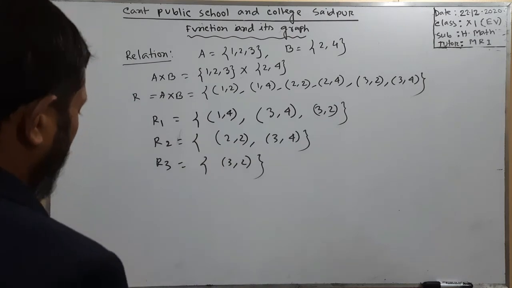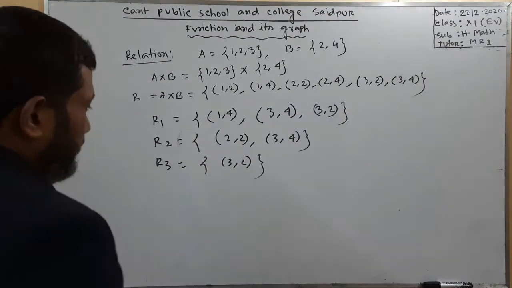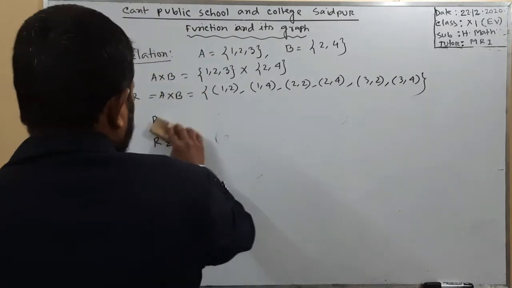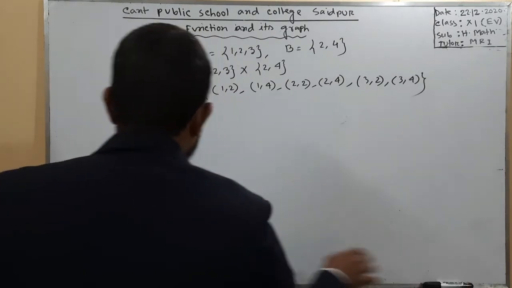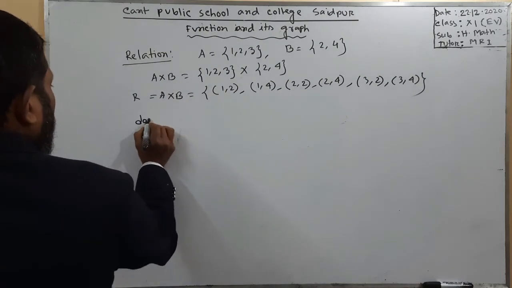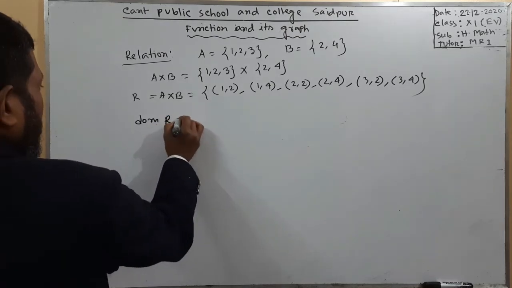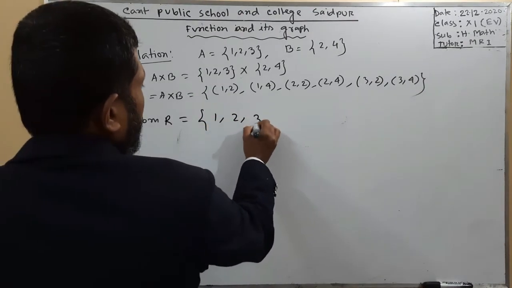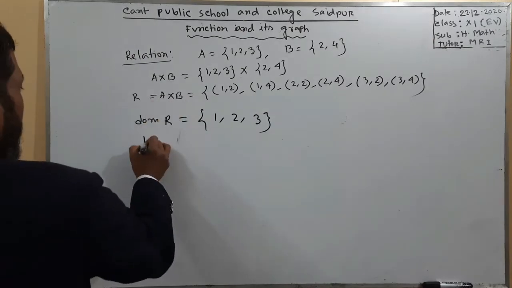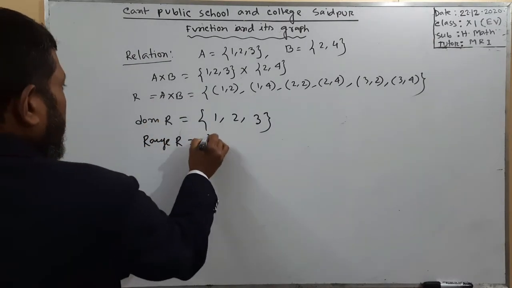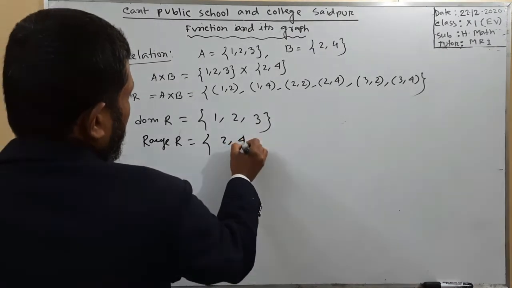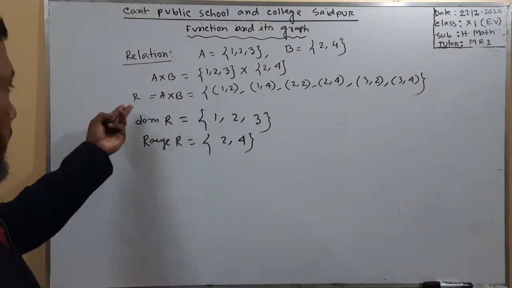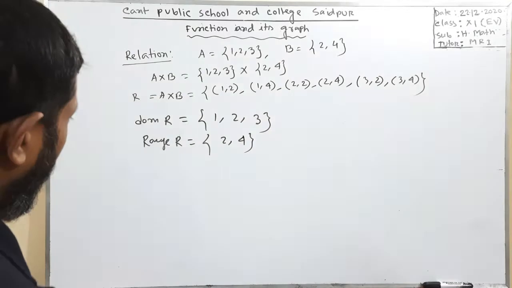Now the domain of the relation. Suppose I am finding the domain of the relation R, that is A cross B. We can write Dom R in short. This will be 1, 2, 3, and the range of R will be 2, 4. The inverse relation of R is denoted by R inverse.